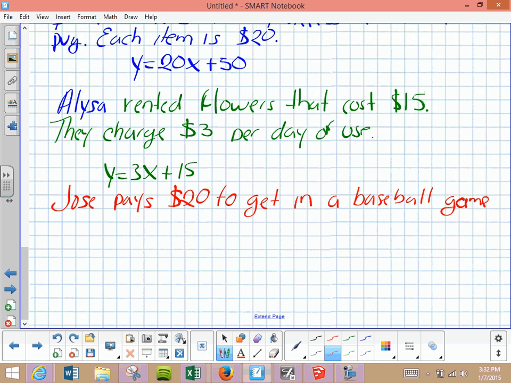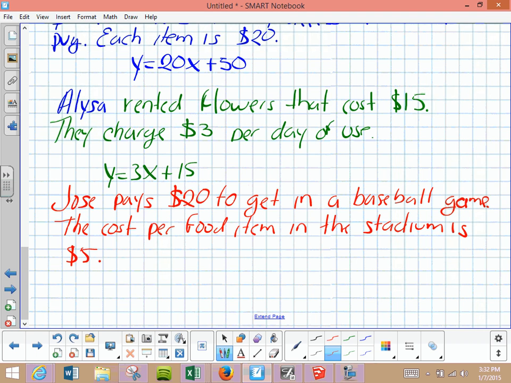I'll just say the cost per food item in the stadium is $5.